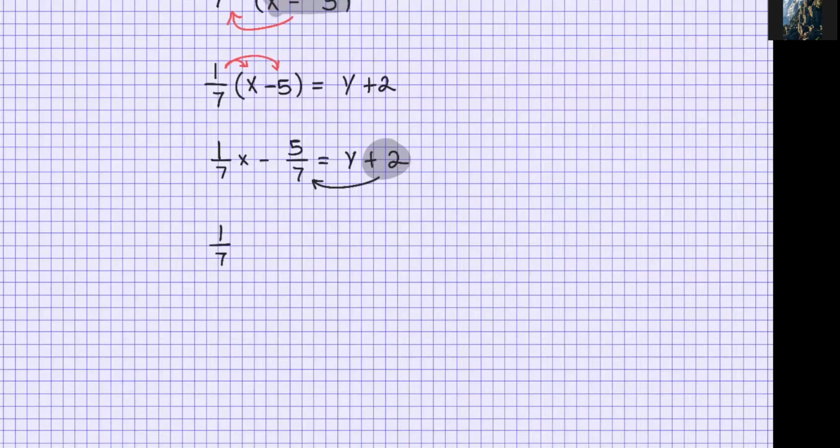So we will have 1/7 of x, and then minus 5/7 minus 2 is negative 19/7, and this equals y. Let's do our rearrangement, and we will have our answer.